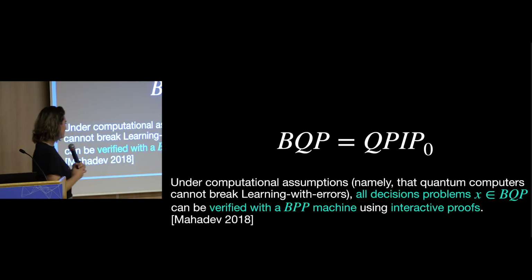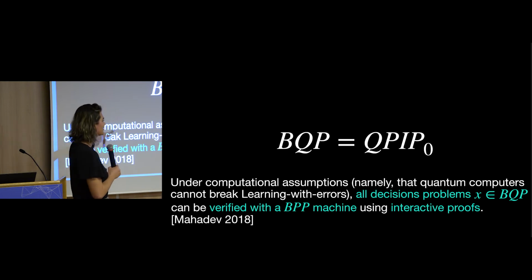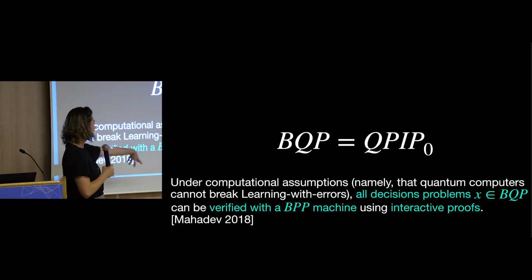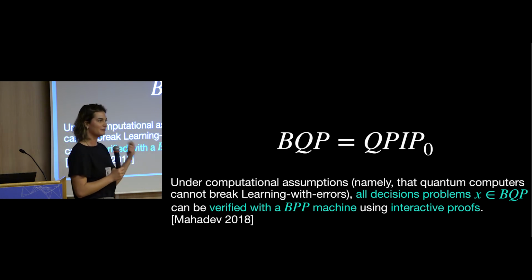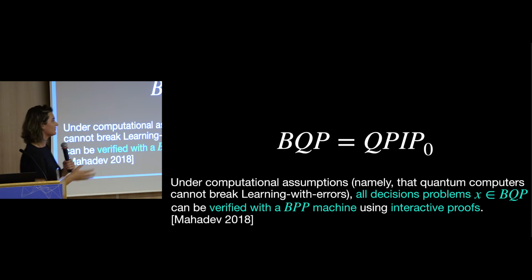And Mahadev in 2018 showed a really beautiful protocol under cryptographic assumptions. This result holds. And the way in English language that you can interpret this is that all of the decision problems in BQP can be verified by a BPP machine with some sort of interactive proof. And if you're not familiar with interactive proofs, for today just think of it as some sort of communication back and forth between a classical verifier and a quantum prover. But we'll go through that a bit in a second.